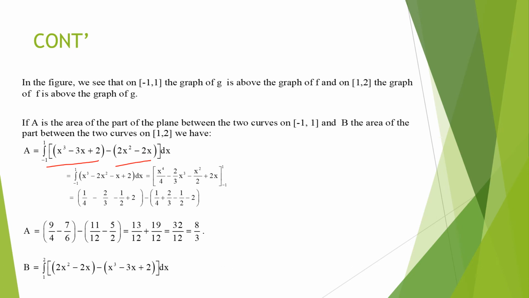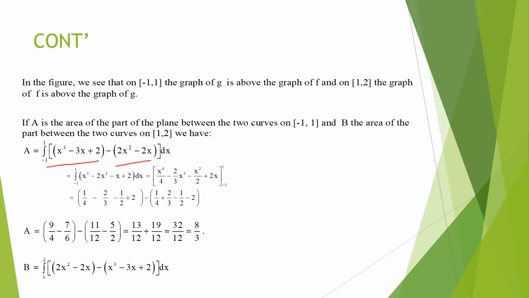The reason we take this order is that the graph of g is above the graph of f. So g is the upper curve and f is the lower curve.